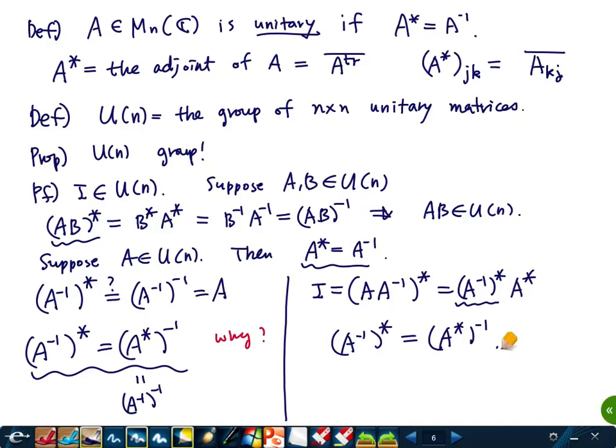So A inverse is also unitary if A is unitary. So it is indeed a group. So you can say the group of n by n unitary matrices.